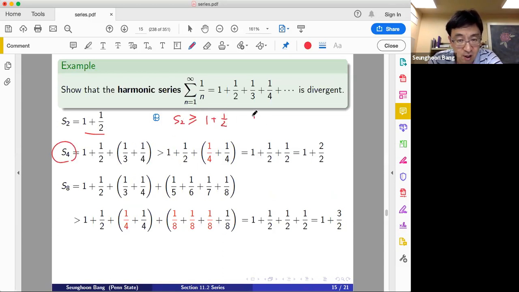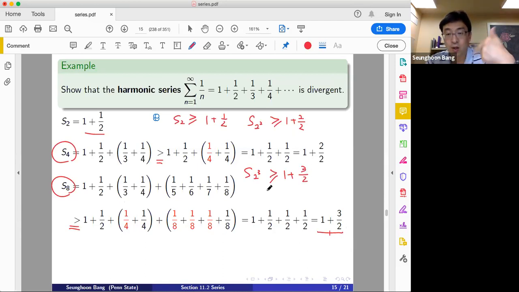We can change it like this: S2 squared is greater than or equal to 1 plus 2/2. So let me see, the third one, S8, which is 2 cubed, is greater than or equal to 1 plus 3/2. So we can keep going with this procedure.